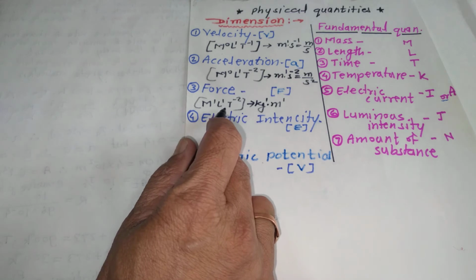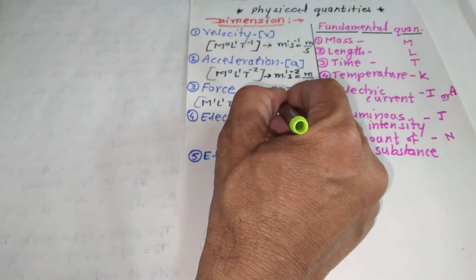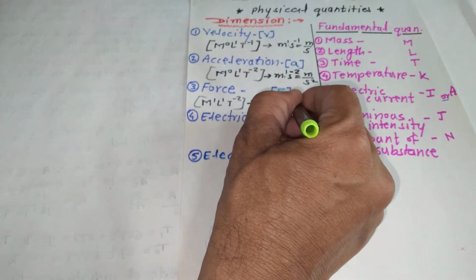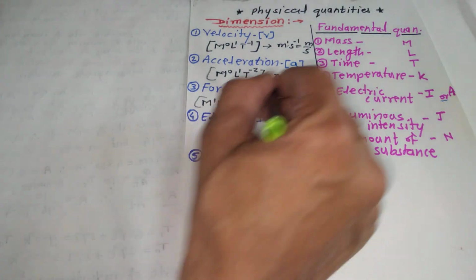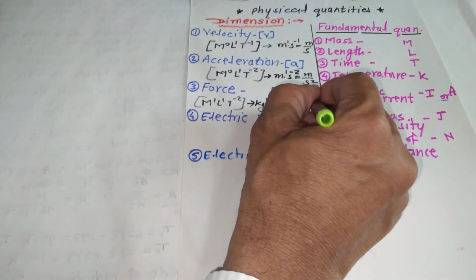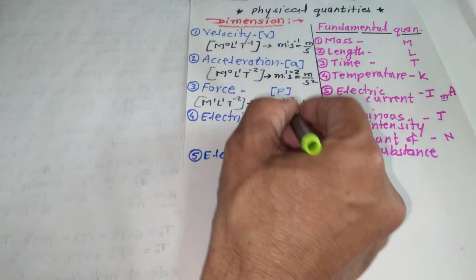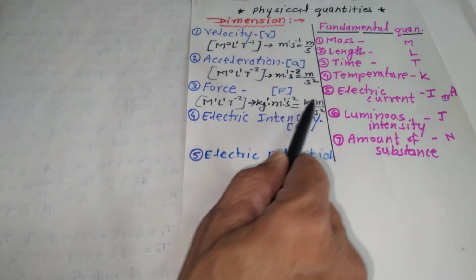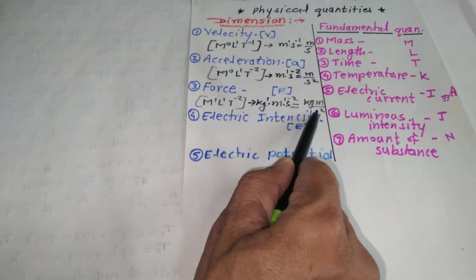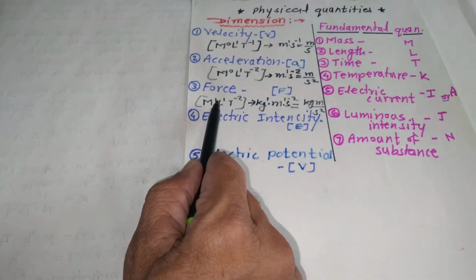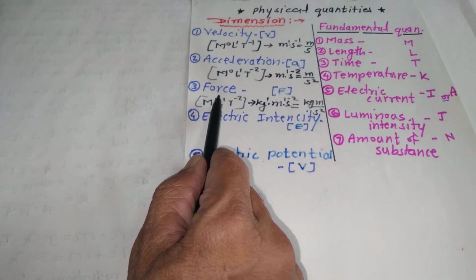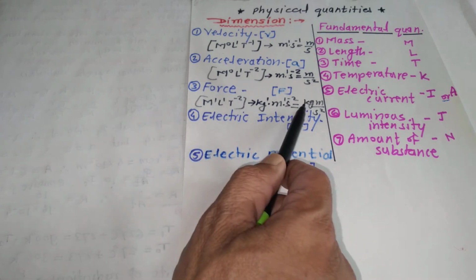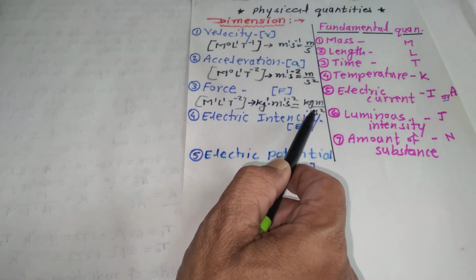T raised to minus 2 means second raised to minus 2, equal to kilogram meter per second square. So this is how I can say that the unit of given quantity is also obtained with the help of dimension. There is an alternative unit of this force also, the SI unit is Newton, but that can also be equated as kilogram meter per second square.